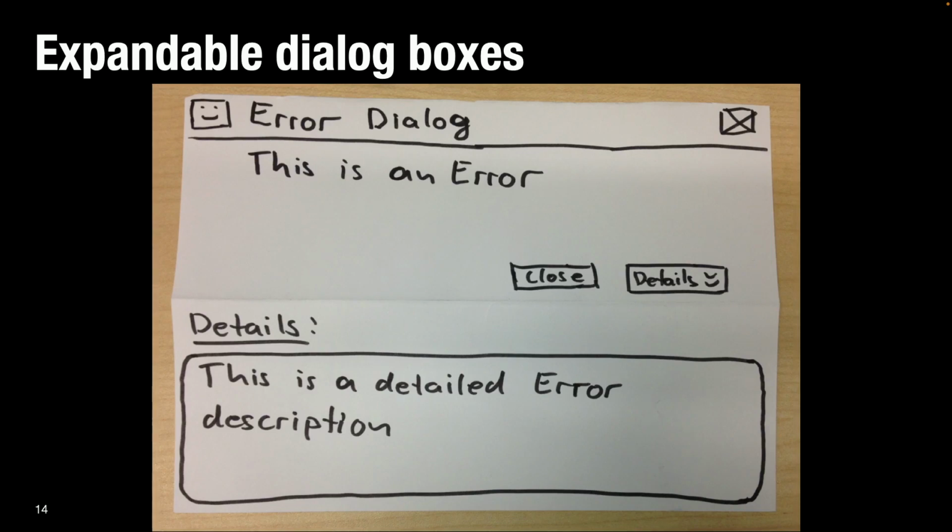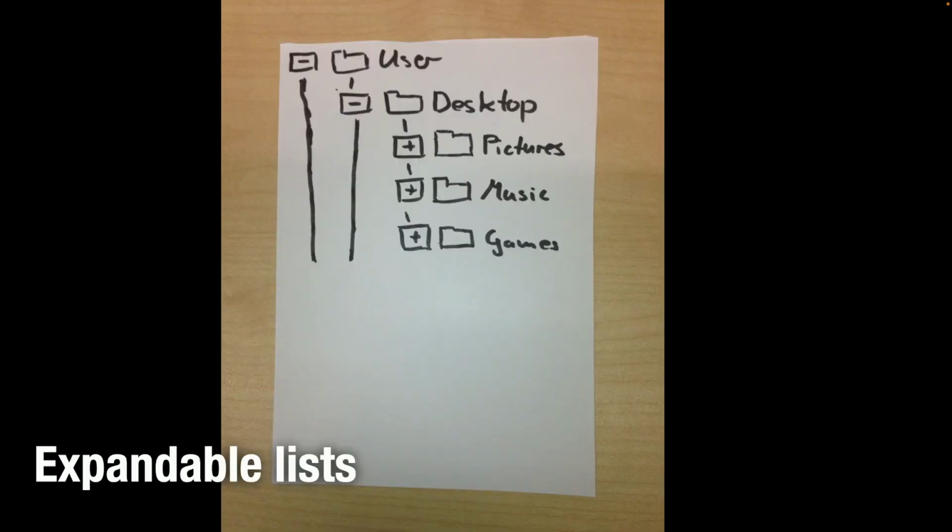Or let's say you have these expandable lists. You're like, oh, how am I going to do this in a paper prototype? Well, it's not that hard, actually, if you think about how they work. Let's say somebody wants to see what's inside the music folder.